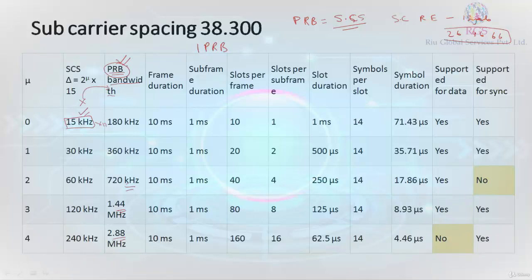Very good. Now after PRB, we have the frame duration. Okay. Now what is a frame? Or in simple words, a radio frame. Like PRB is a bundle of resource blocks, so it represents the framing in the frequency domain.